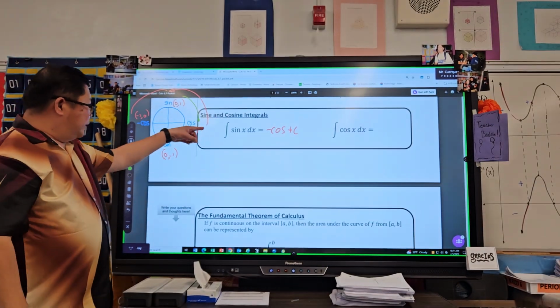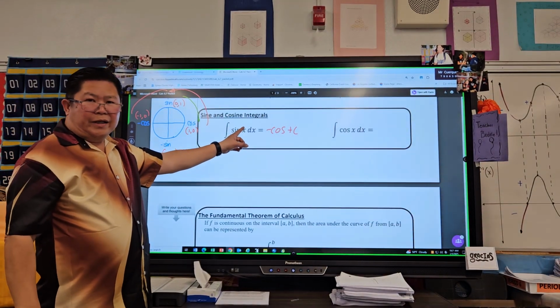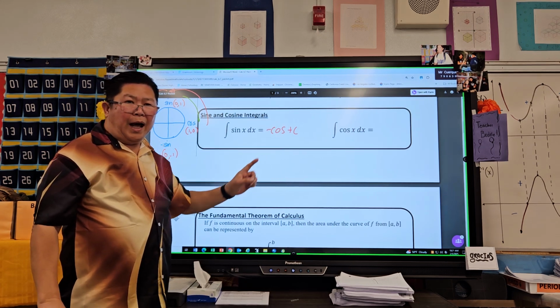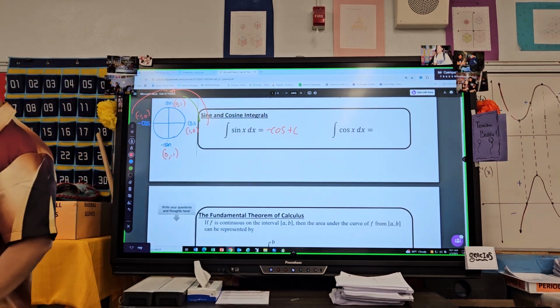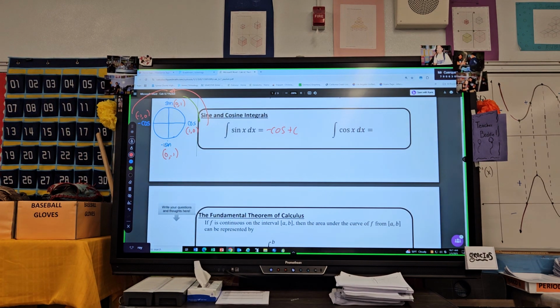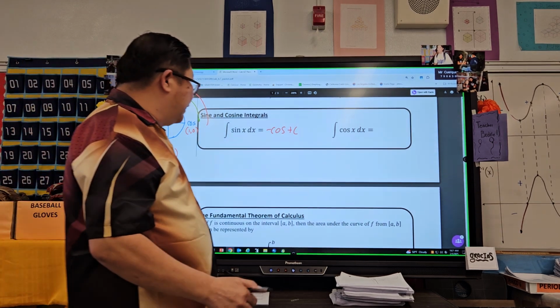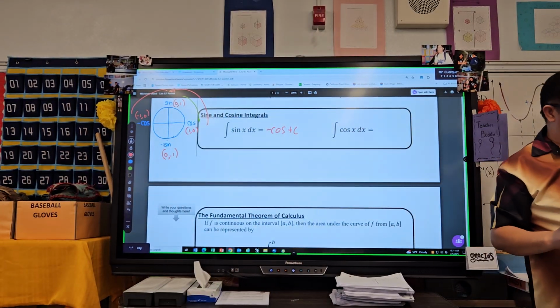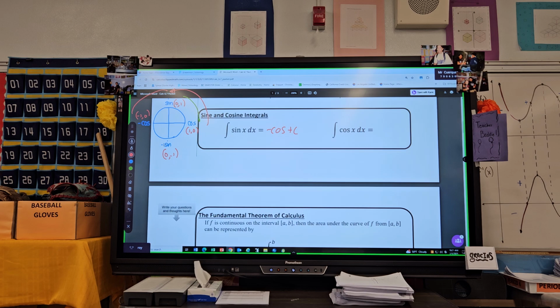The antiderivative of sine x dx is negative cosine plus c. Next, Adeline, do the second one: the integral of cosine x dx, meaning the antiderivative. Look at the mnemonic device.